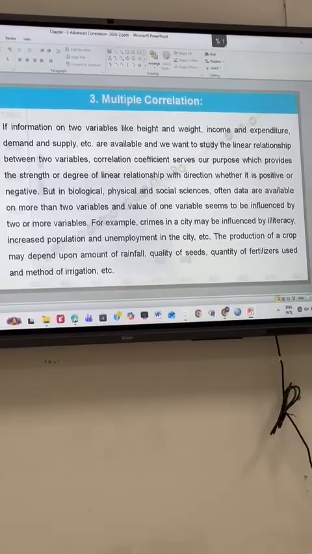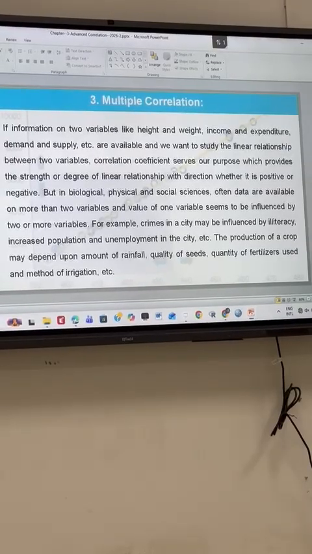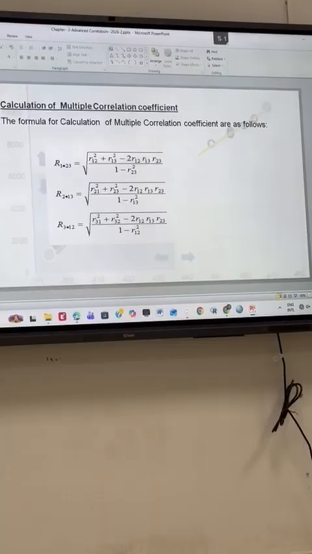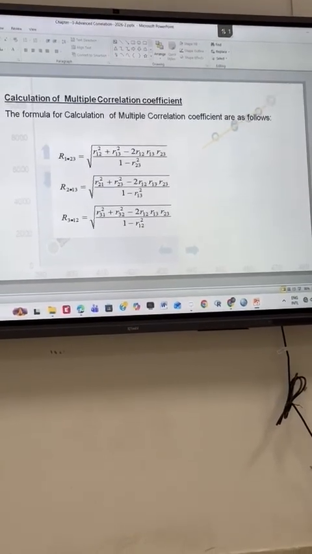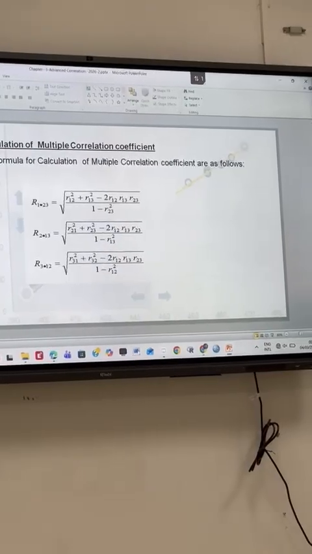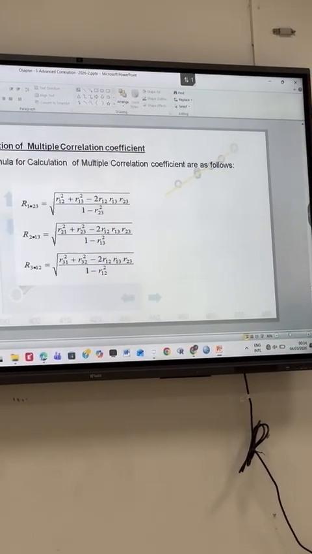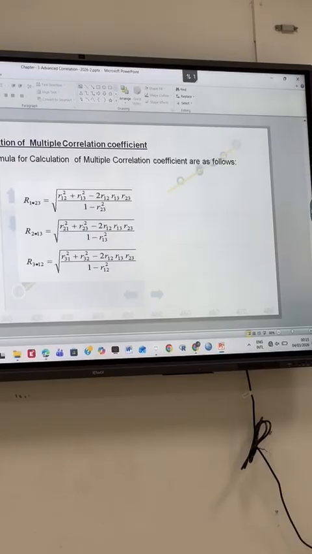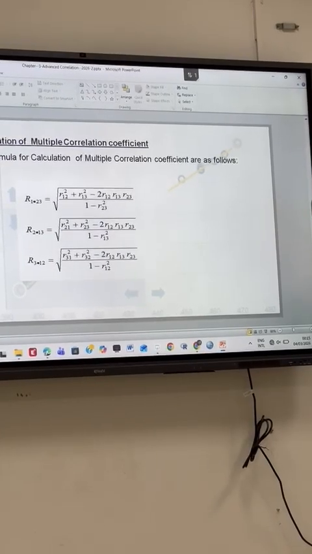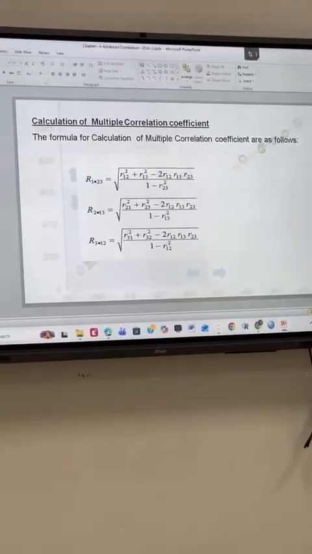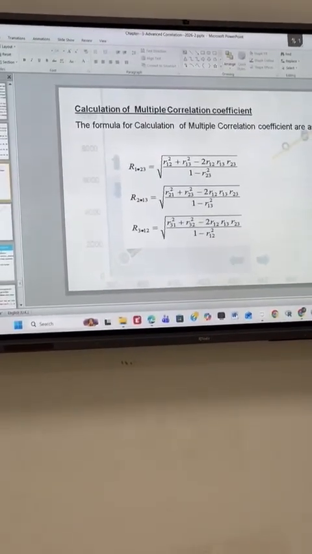Next and last is the multiple correlation coefficient. Similarly here, I will give the values of R12, R13, R23 and ask you the value of the multiple correlation of X1 given X2 and X3. The equation is not long.